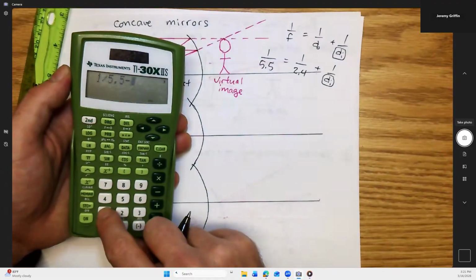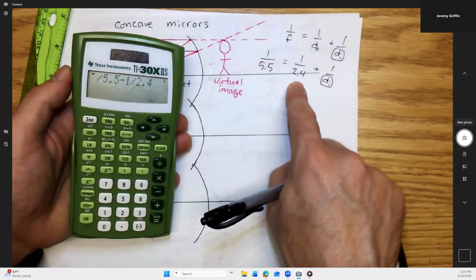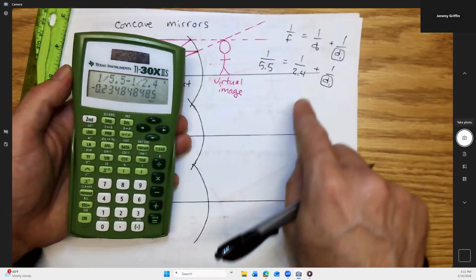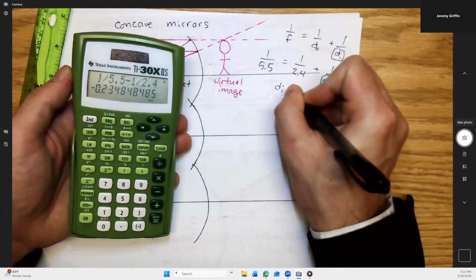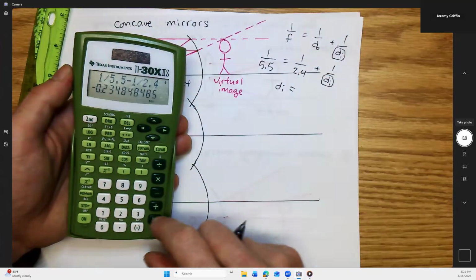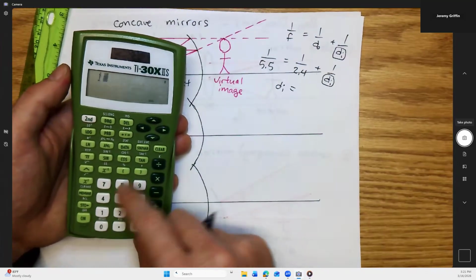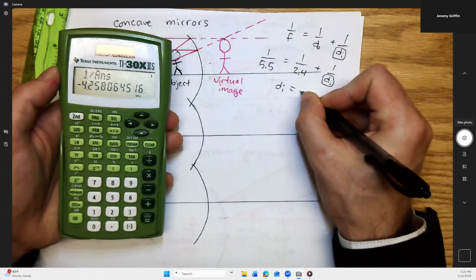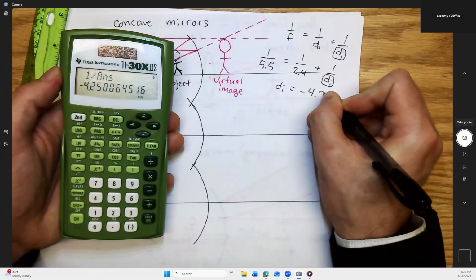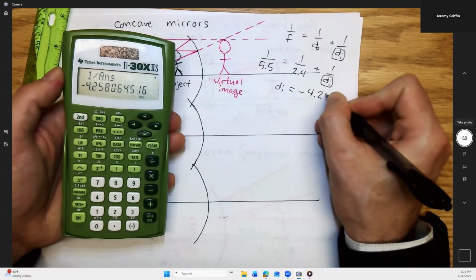Minus 1 over 2.4. Is that true? Because I'm subtracting this over. Okay. And now that's 1 over DI. So what do I have to do to get DI? Take the reciprocal, like 1 over the answer. Is that true? And it says it should be negative. Yeah, it's negative 4.2-something centimeters.